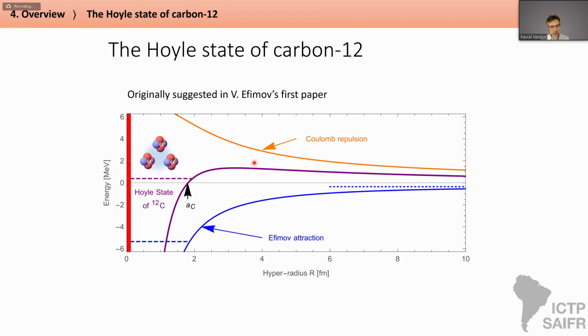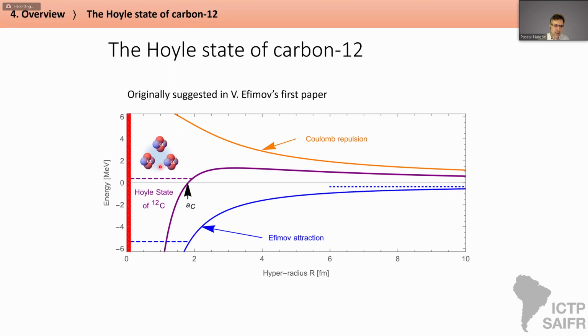Without the Coulomb repulsion, there would be a bound state here. Because of the Coulomb repulsion, this state is pushed to positive energy where it becomes a resonance just above the threshold. And that would correspond to the Hoyle state resonance of carbon-12. So this is, I think, a very interesting idea.